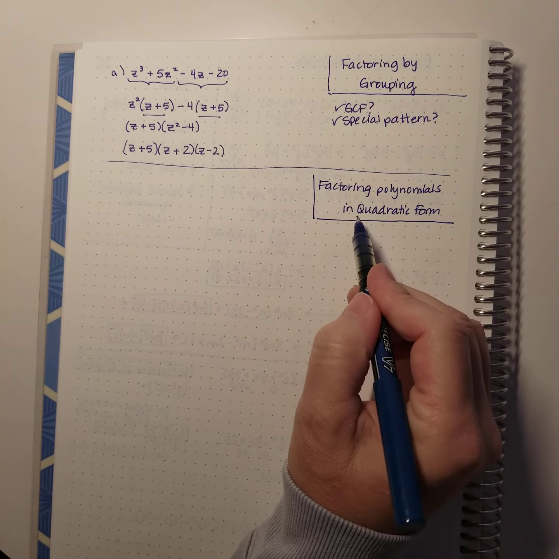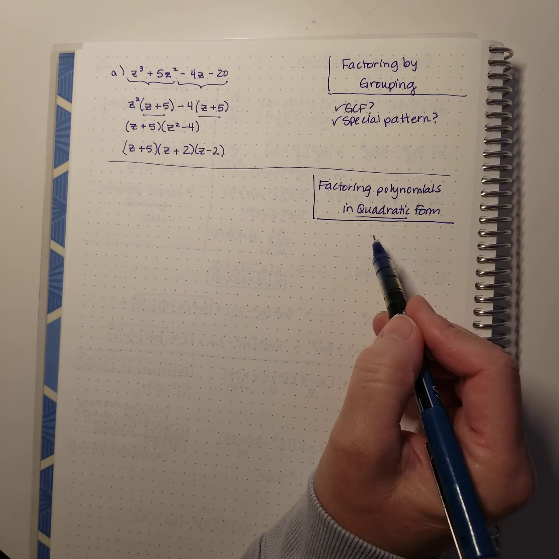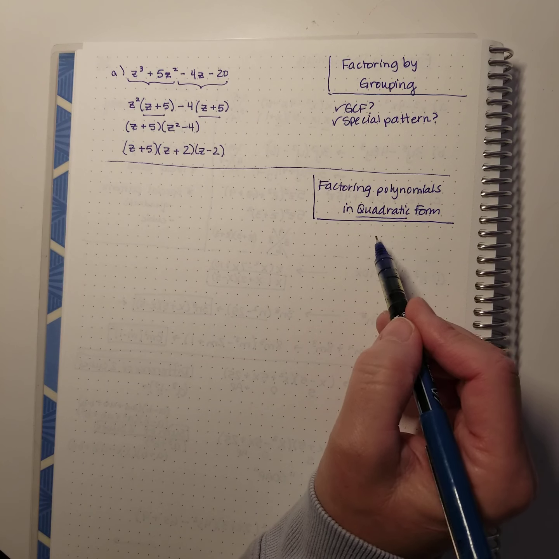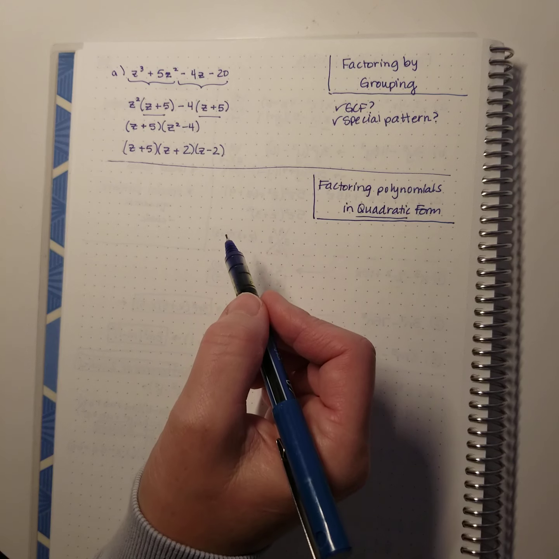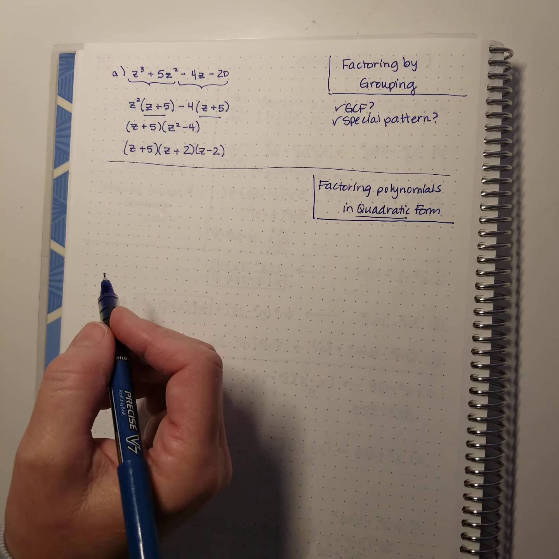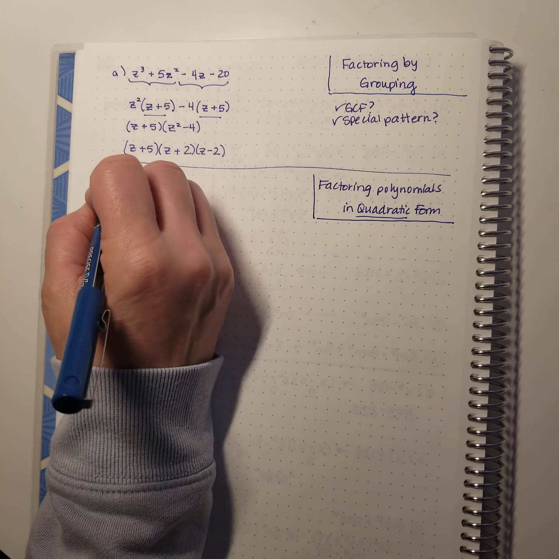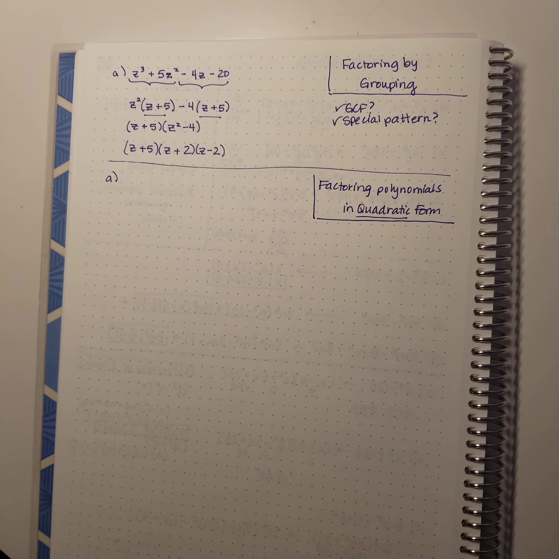When we think quadratic, we think of x squared plus 2x plus 4, something like that. But when we talk about polynomials in quadratic form, we're talking about higher order polynomials that are similar to what we might see in a quadratic.